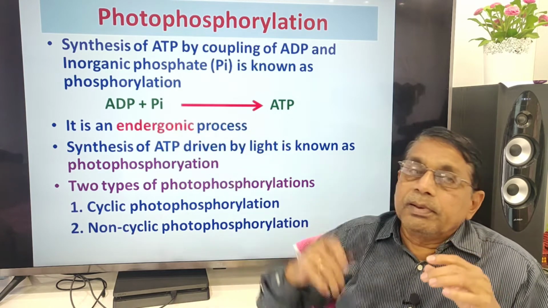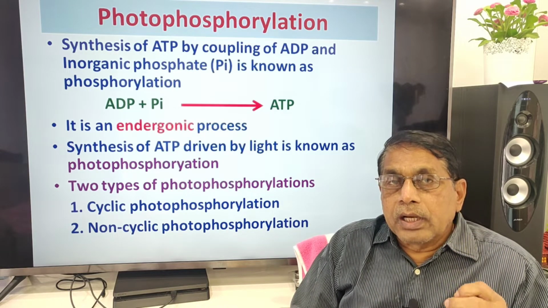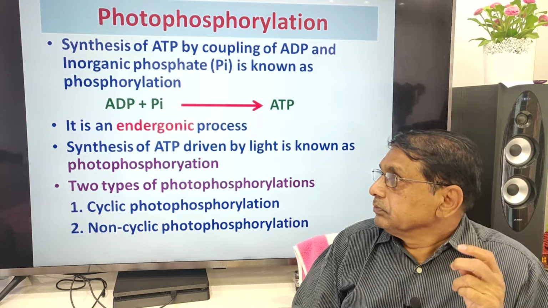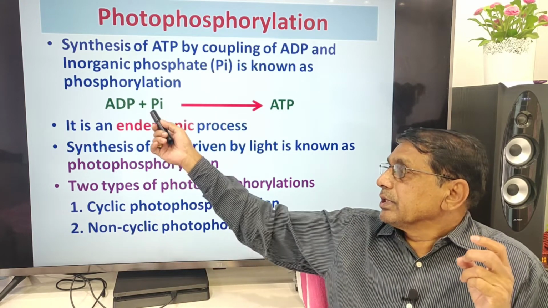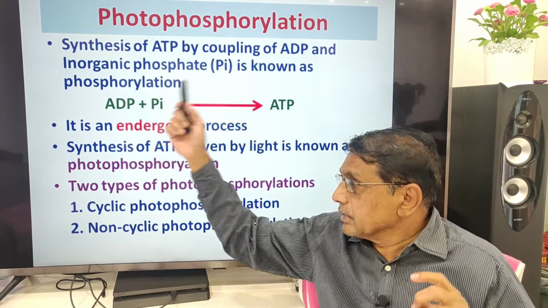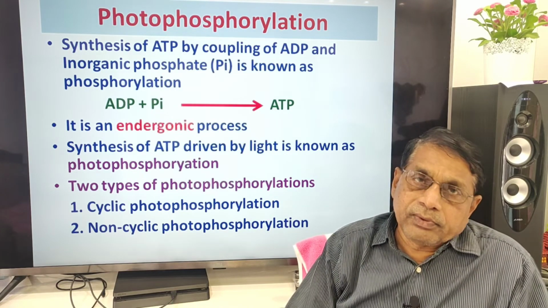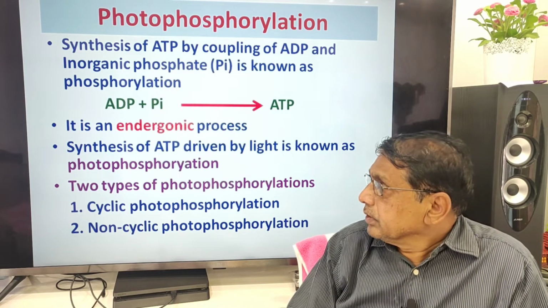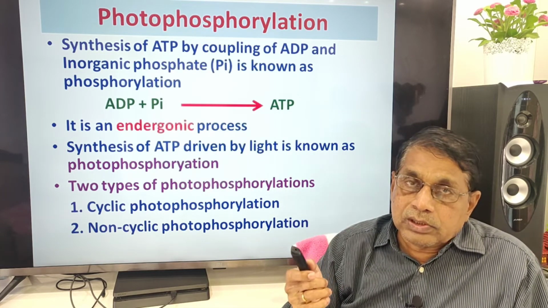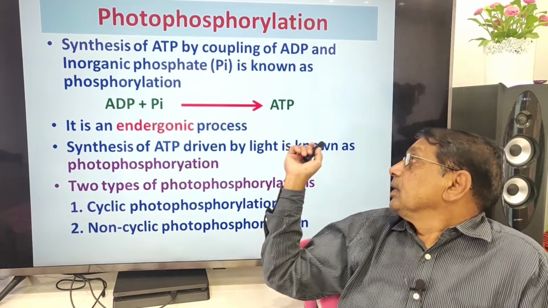Here the phosphorylation is induced by light, therefore it is called photophosphorylation. It is an endergonic, energy-requiring process, going from energy-less to energy-rich, so it requires the input of energy. The energy for this synthesis of ATP comes from light.